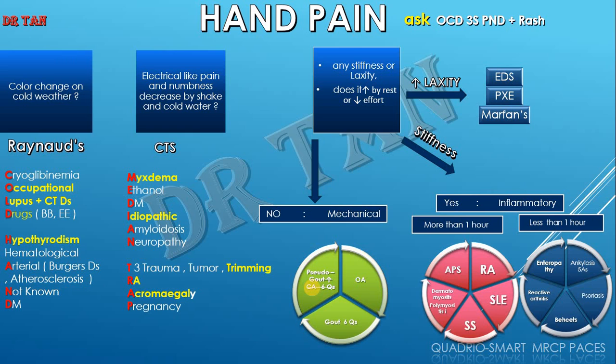Again, sometimes they are hiding MEN syndrome. And if you catch MEN syndrome in a case with knee pain, you are a hero and you will get the 28 marks. Because you will just go, he has joint pain, and you find it is mechanical, and it is knee pain, for example, or hand pain, and then you keep asking according to our algorithm, and you find symptoms of hypercalcemia.